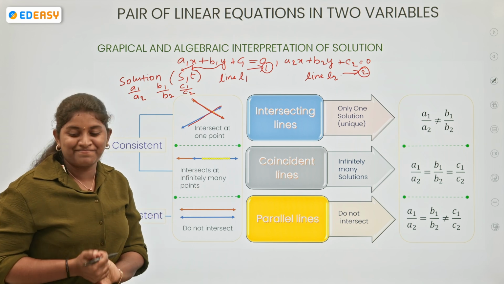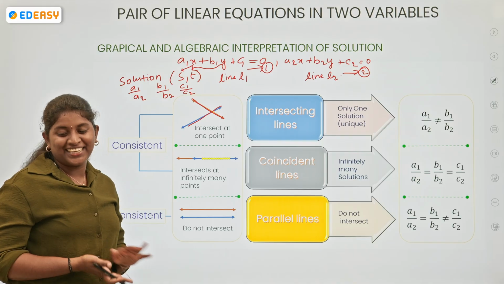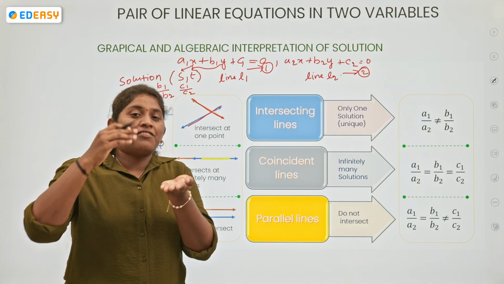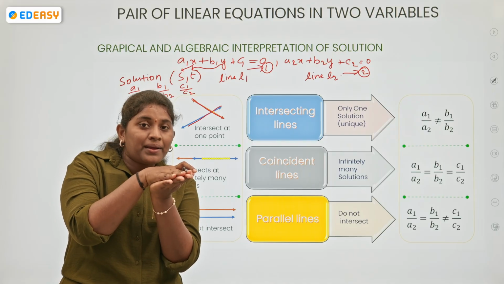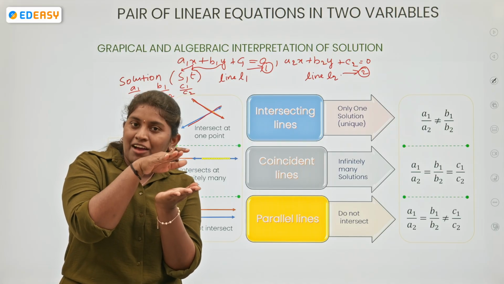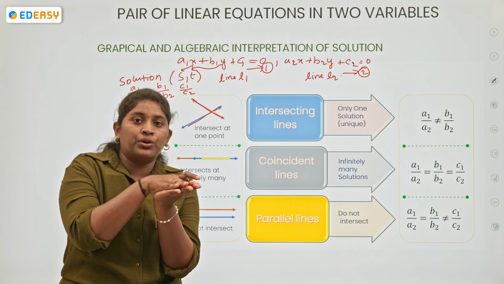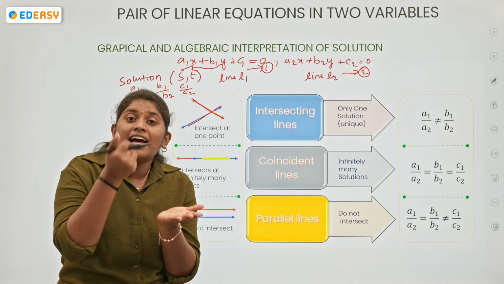Coincident lines? Any answer? Coincident lines is nothing but when one line falls on the other line. On a line we have points, right? And all those points merge with the points of the other line.